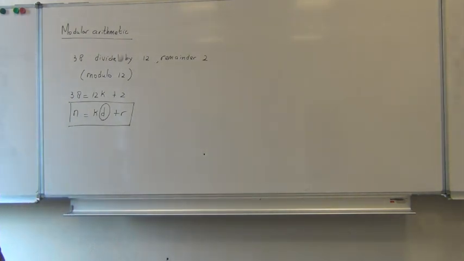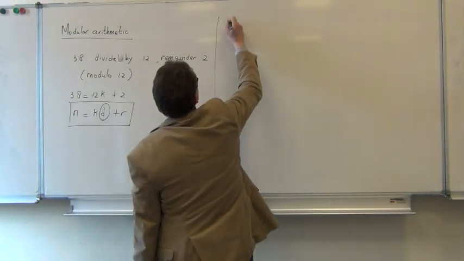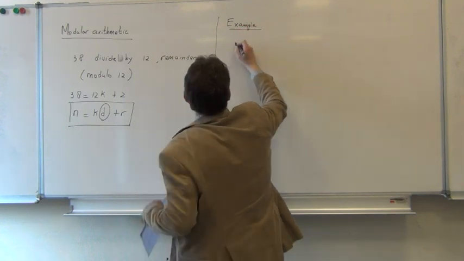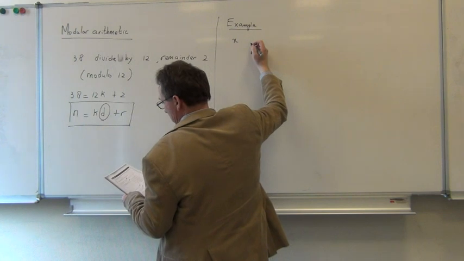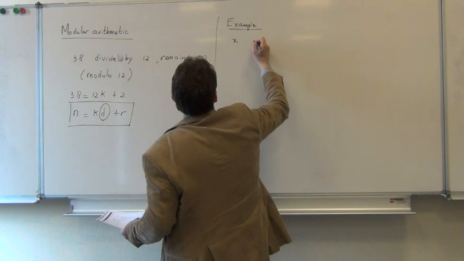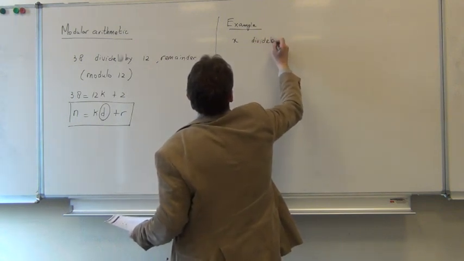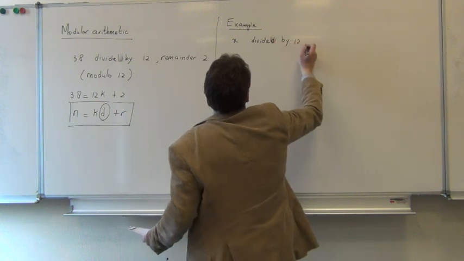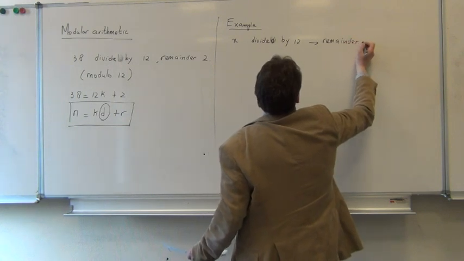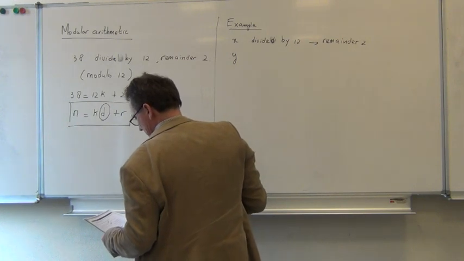Let's look at an example. We consider two numbers. The number x, divided by 12, gives remainder 2, and the number y, divided by 12, gives remainder 3.